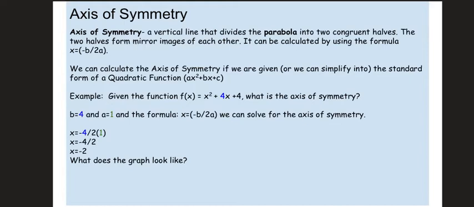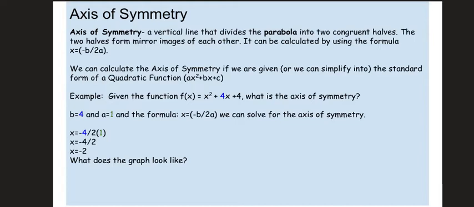So the axis of symmetry is a vertical line that divides the parabola into two congruent halves. The two halves form mirror images of each other. So if you can imagine it split down the middle, they're exact opposites of one another. It can be calculated by using the formula x equals negative b divided by 2 times a.